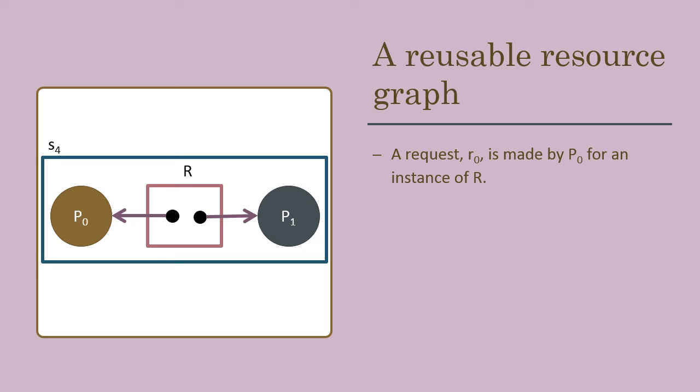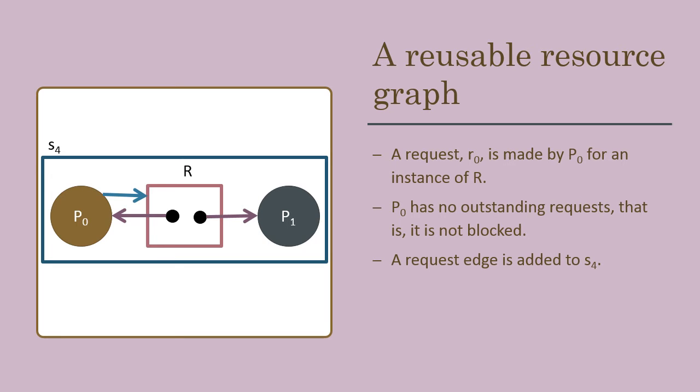A request R0 is made by P0 for an instance of R. P0 has no outstanding requests, that is, it is not blocked. A request edge is added to S4. The state of the system is S5.